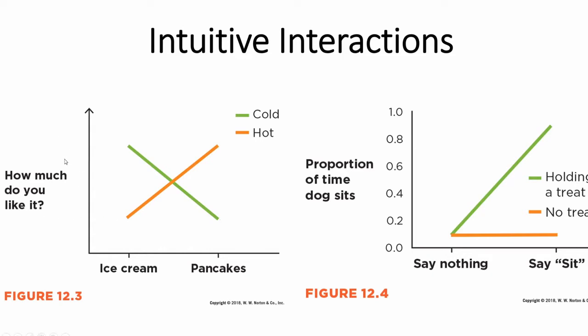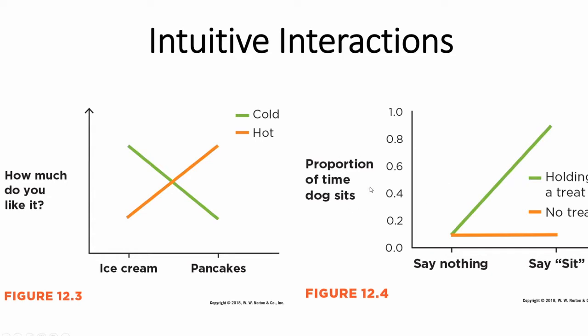So our enjoyment depends on both what food it is and how it's served. So there's that interaction between the type of food and how it's being served, and the interaction between two of those independent variables will determine how we score on our dependent variable of how much we enjoy it.